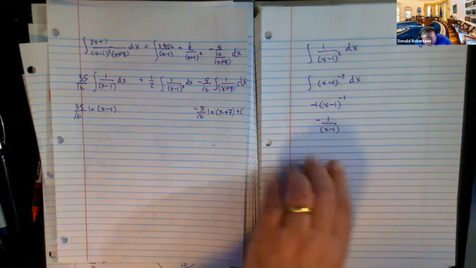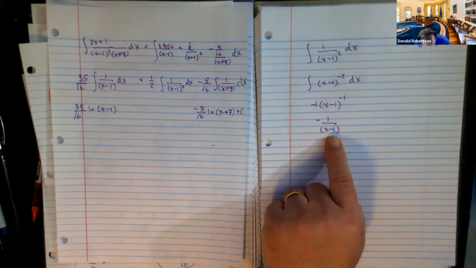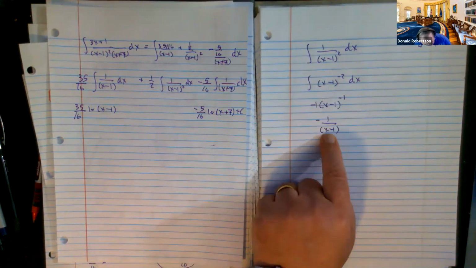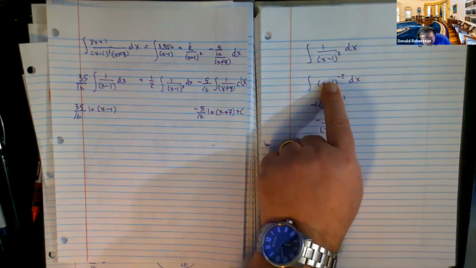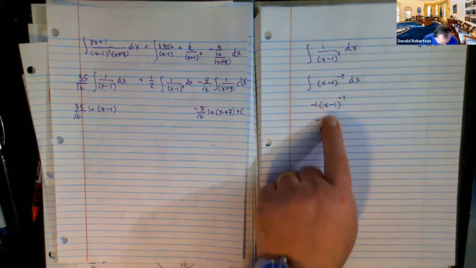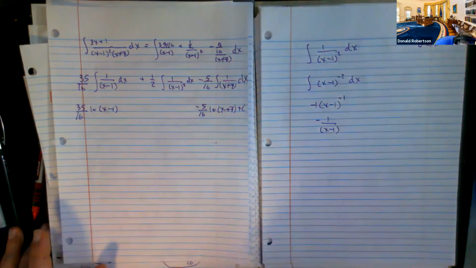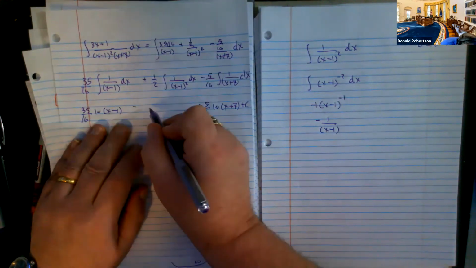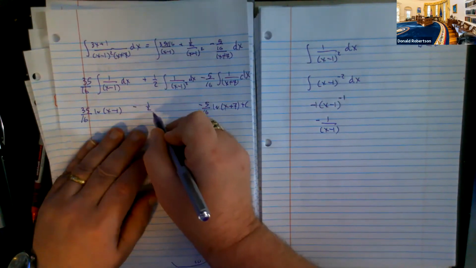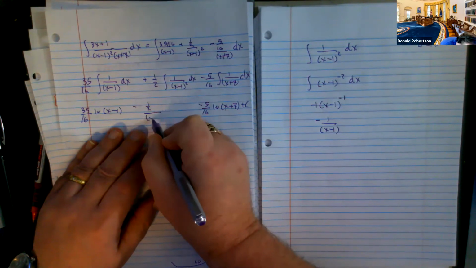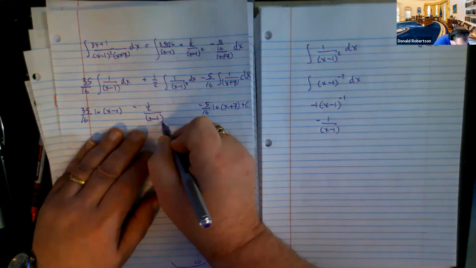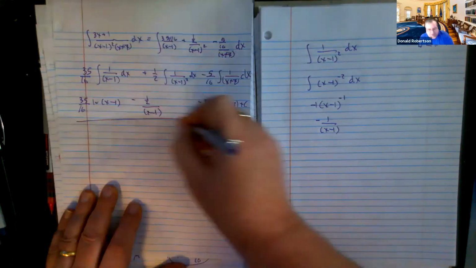So you can do a U sub and you'll get this as an answer. Or you can use the linear shortcut method and get this answer. And remember, there's a half here, so negative a half over x minus 1. And you're finished.